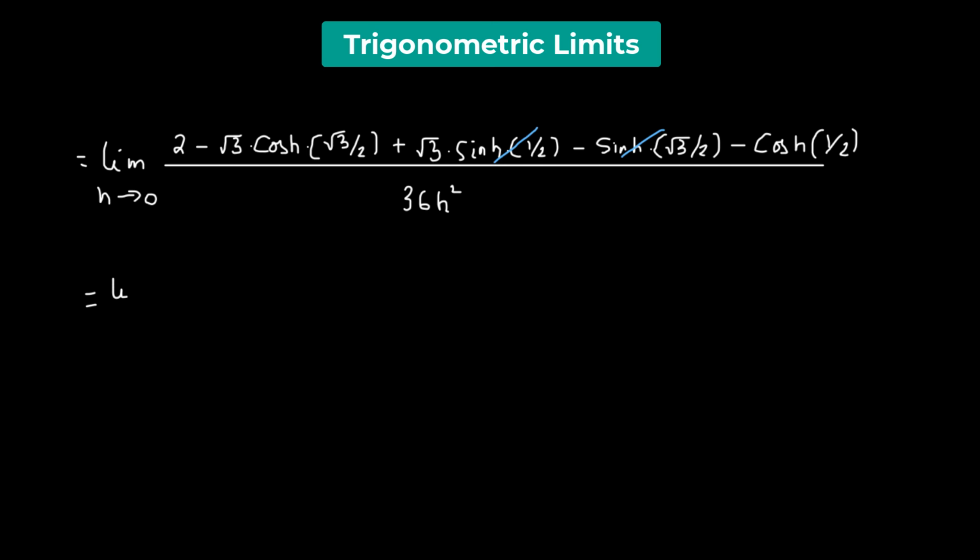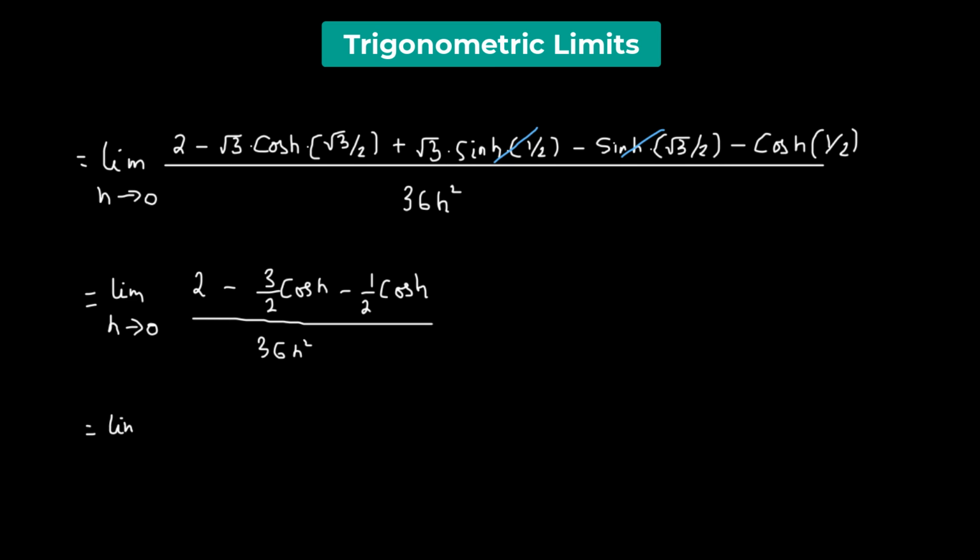This leaves us with limit h tends to 0, so we have a 2 here, minus, so root 3 times root 3 over 2 is going to be 3 over 2 cosine of h, and we have negative half cosine of h, whole divided by 36h squared, which will be equal to limit h tending to 0, 2 minus, so we have 3 over 2 added to half times cosine of h divided by 36h squared.